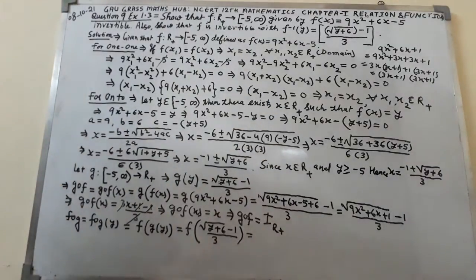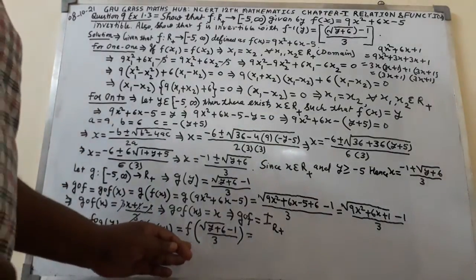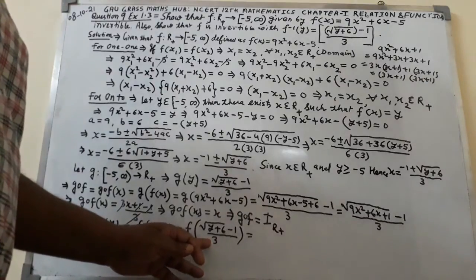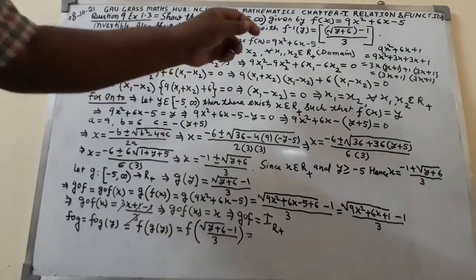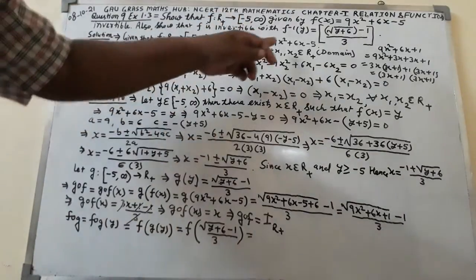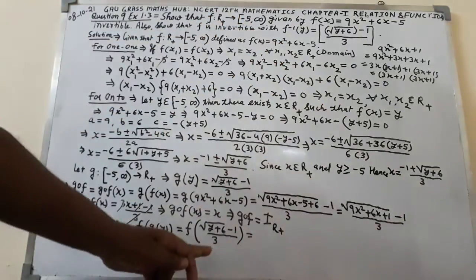Now f of x, so in place of x, this value we have got. So here 9, in place of x, this value I shall put.